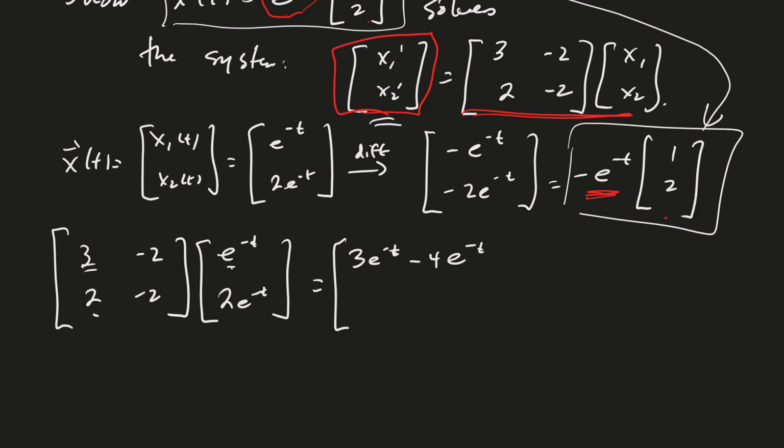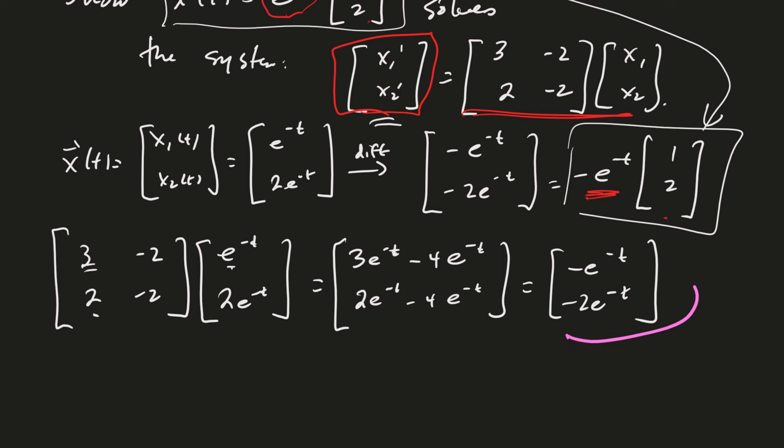And then 2e to the minus t minus 4e to the minus t. And so that's going to be minus e to the minus t, minus 2e to the minus t. And of course that is exactly what we wanted. Okay, so the two things are equal to each other.